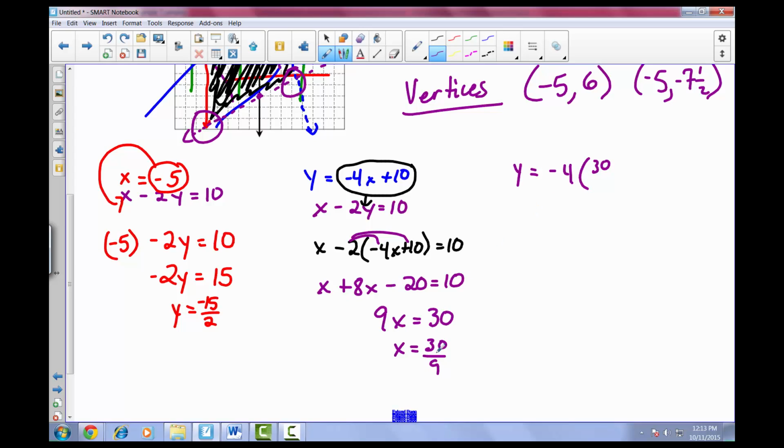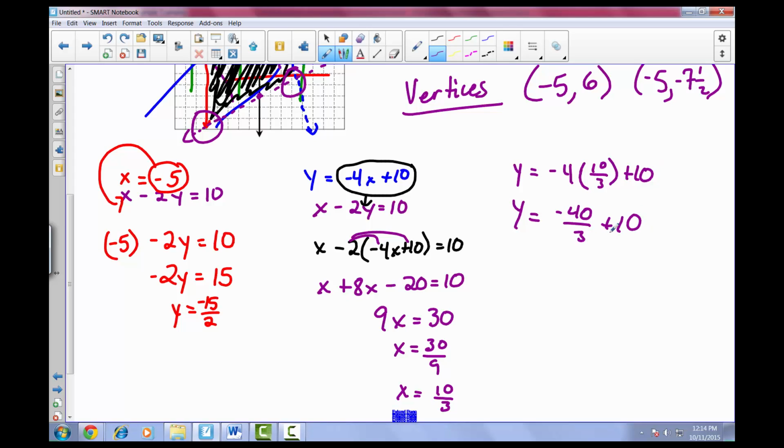Oh, by the way, we can simplify that. x is the same thing as 10 over 3. So let's simplify that out to 10 over 3. So y is equal to -40 over 3 plus 10.